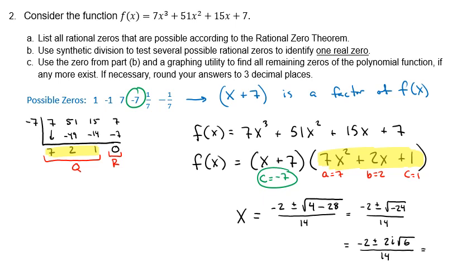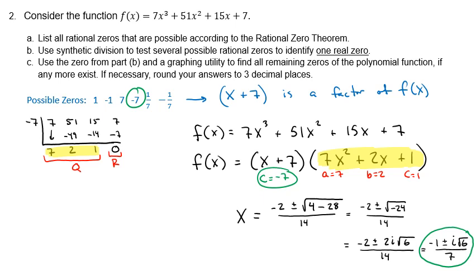And it looks like we have 3 even numbers here, the -2 and the 2 and the 14. So we could do some canceling there. So that'll be -1 plus or minus i times the square root of 6, divided by 7. So those are the other two zeros.